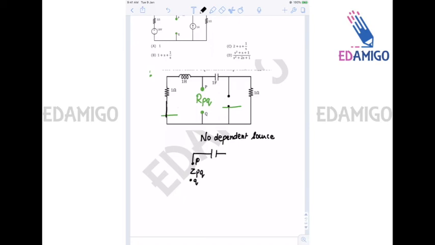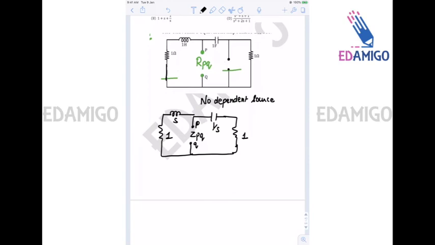Capacitance is 1 upon S, resistance is 1, then inductance is S and resistance is 1. So we can say that for this ZPQ, these two are in series combination, these two are in series combination, and both are in parallel combination.